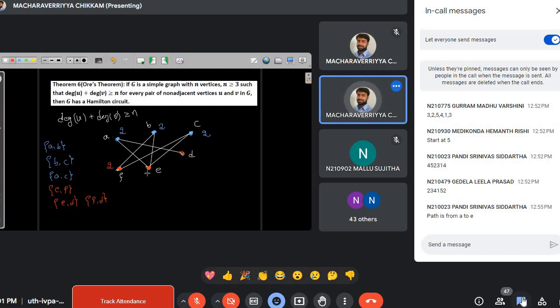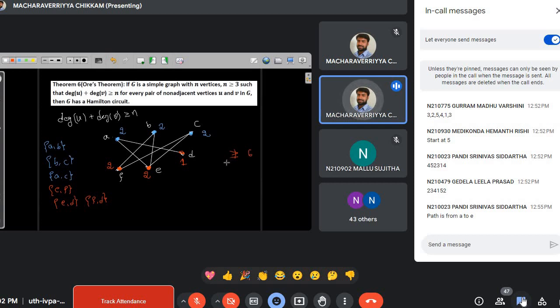And the degree is 2, and the degree is 2, the degree is 1. Anyway, it has one pendant vertex. Since it has one pendant vertex, we cannot find a Hamilton circuit. However, even if I look at the degree of U plus degree of V, when U and V are non-adjacent, it is not greater than or equal to 6.